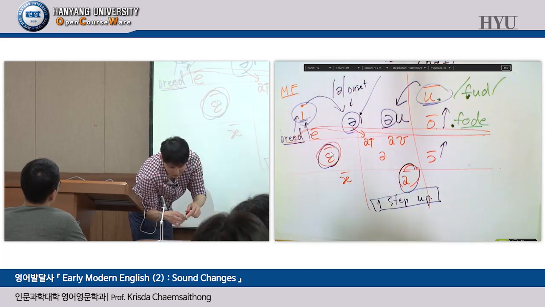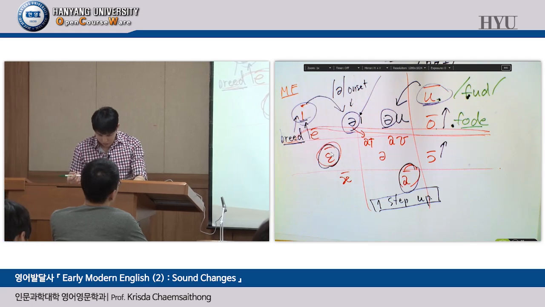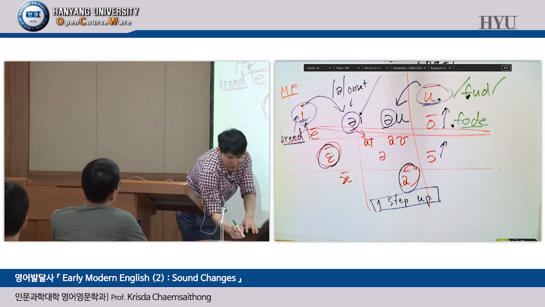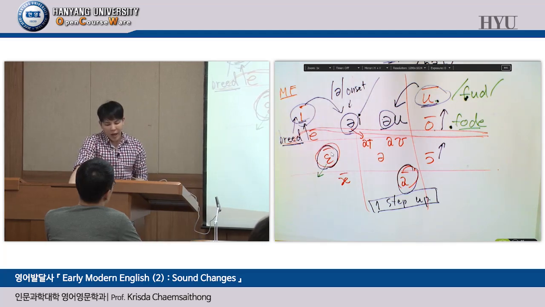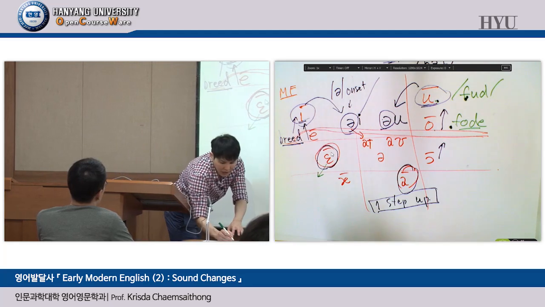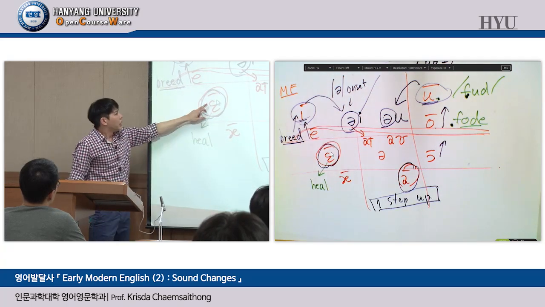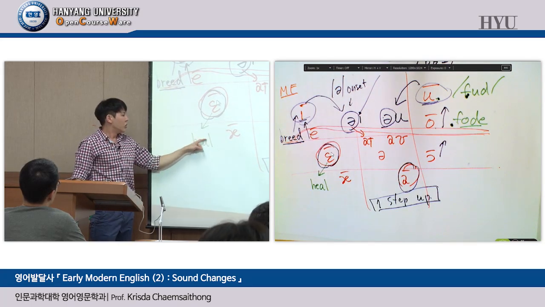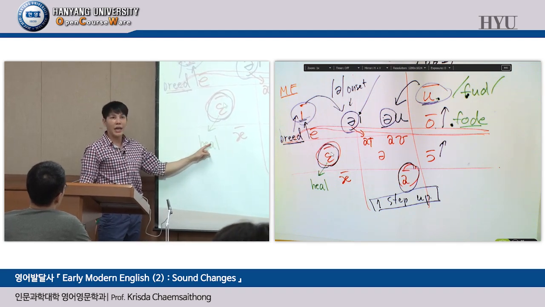So you have words like, let's see, I'll use this one. You have words like H-E-A-L, right? So this vowel used to be spelled with E-A, right, E-A.